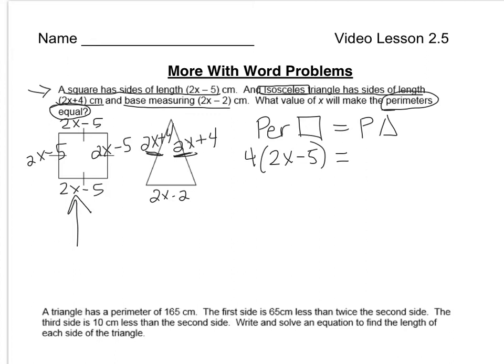The perimeter of this triangle, well, we do have 2 sides the same, so we certainly can use this expression to represent the sum of those 2 sides, 2 times 2x plus 4 because we have 2 of them. But then we need to remember to add the third side in as well, 2x minus 2.